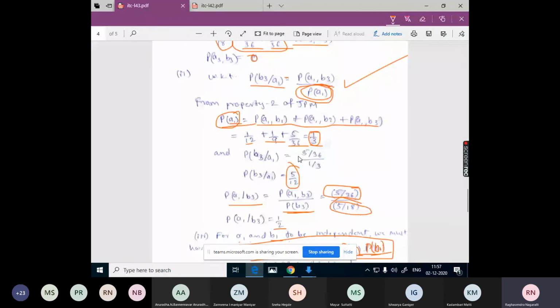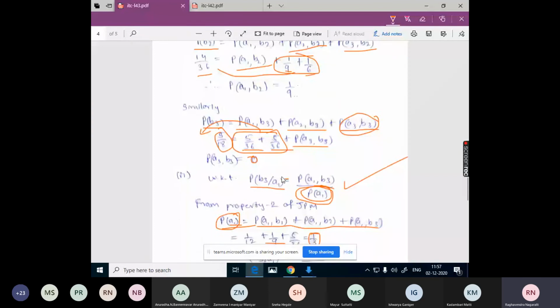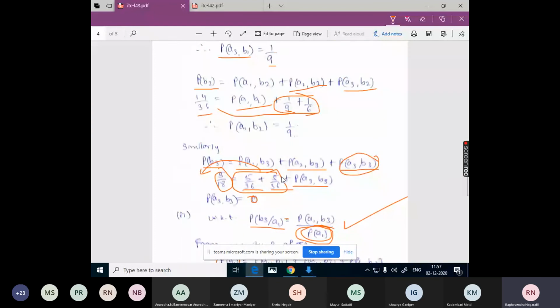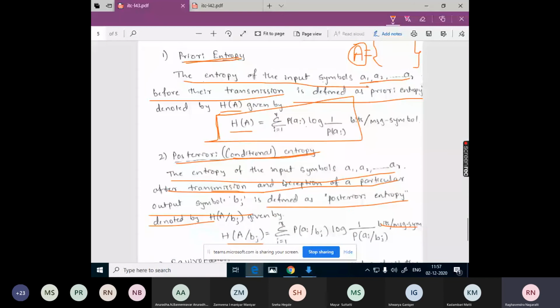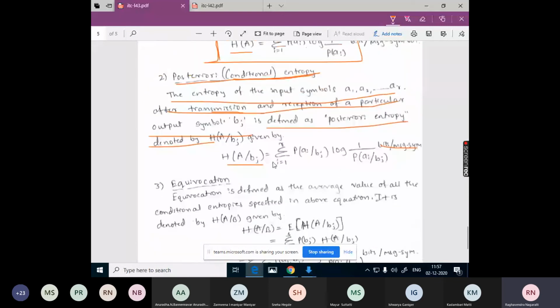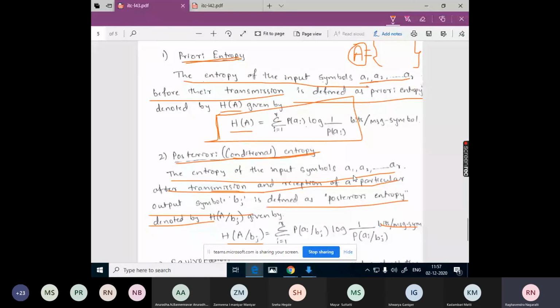So till now we were playing with these conditional probabilities. When we have the probability, then we can calculate the entropy. Entropy is the average information content. So after the transmission and after the reception of some particular output symbol, what is the entropy, or what is the average information in that transmission?